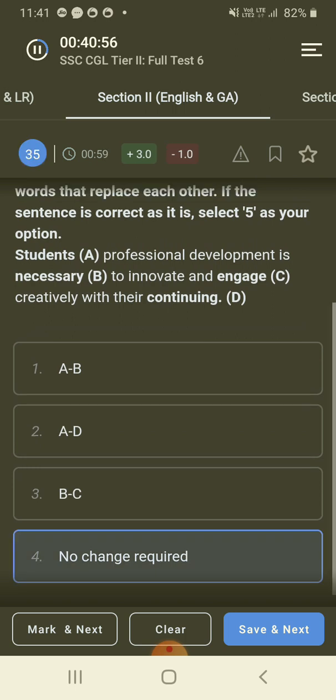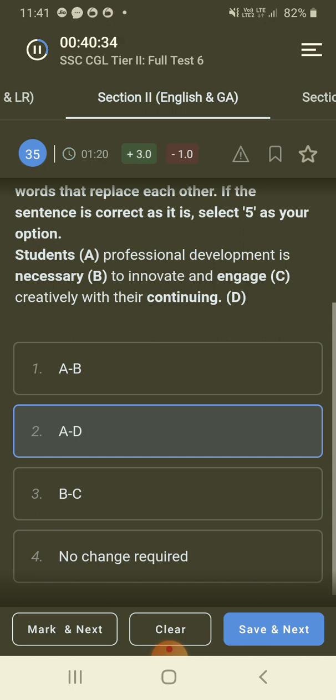A or B. Necessary professional development is student to innovate and engage. E or D. Continuing professional development is necessary to innovate and engage creativity with the students.